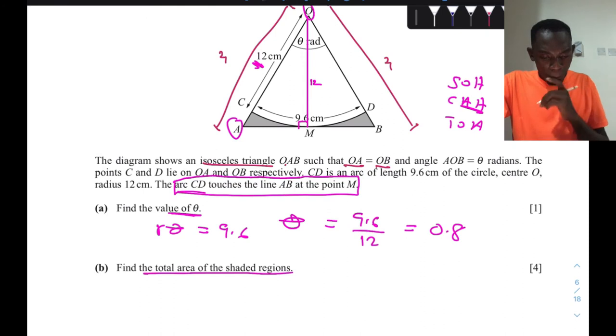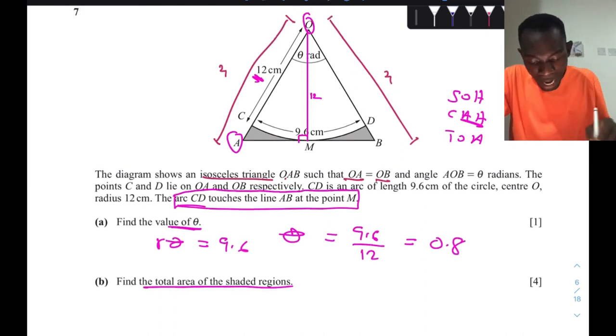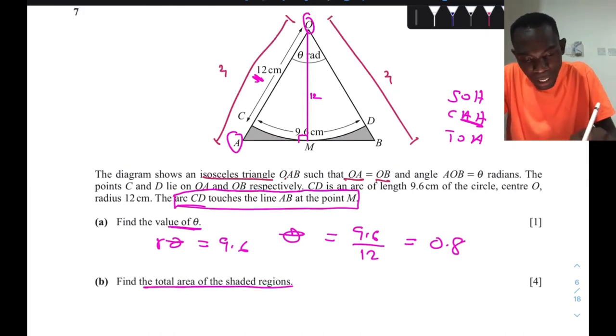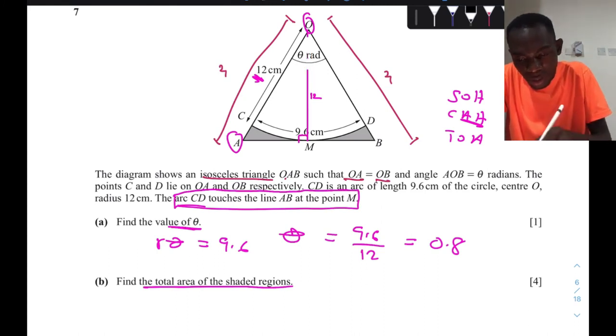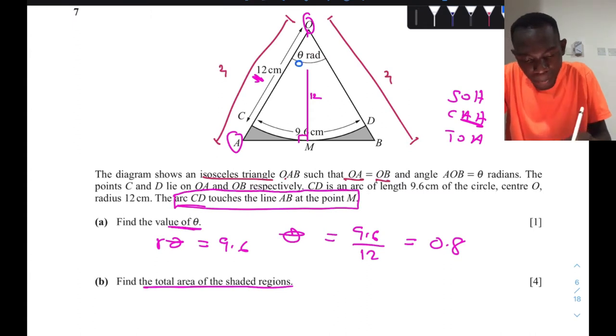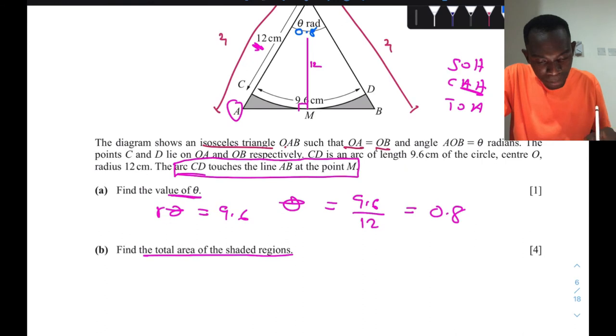Now I know that my angle here is 0.8, so I can just put 0.8 here. I said I'll find the area of the triangle first, which will be half.